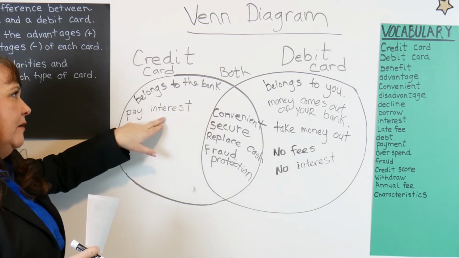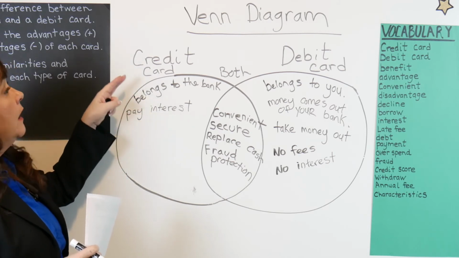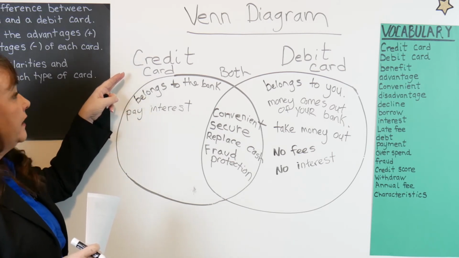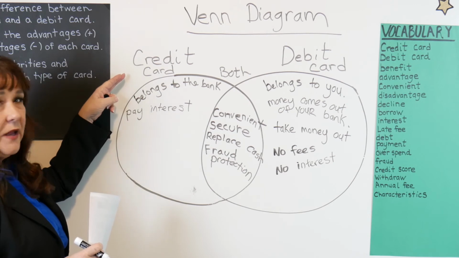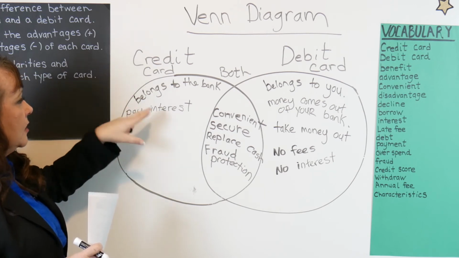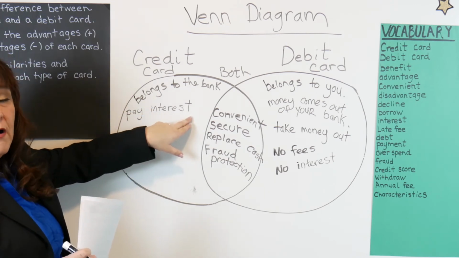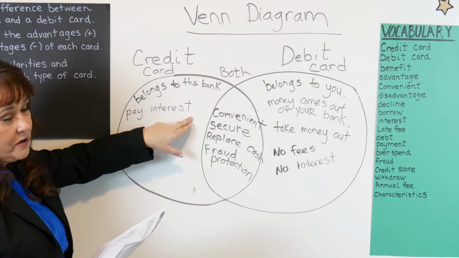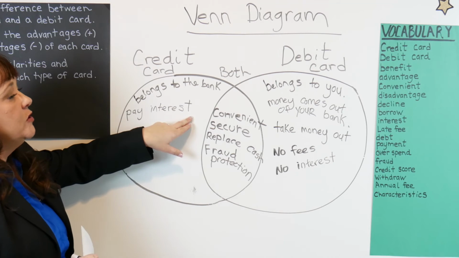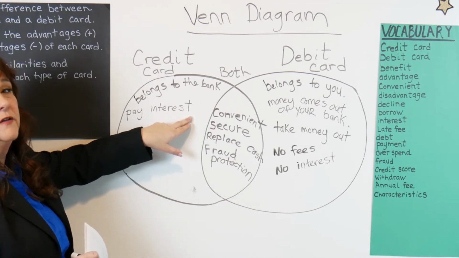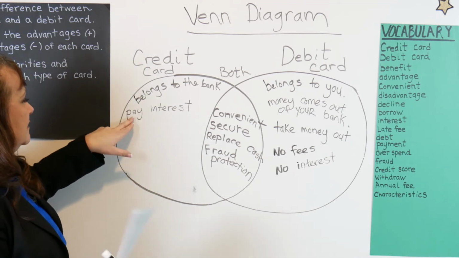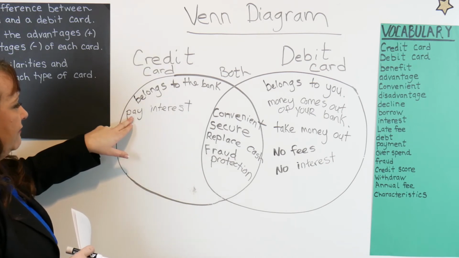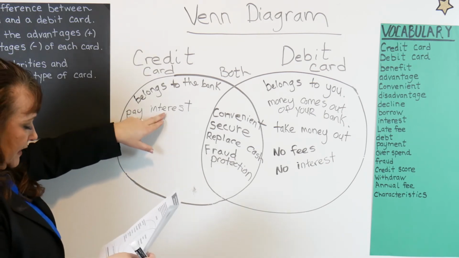So for example, if you put $100 on the credit card and you don't pay the credit card back, you might have to pay $20 in interest. You spent $100, but now you owe $120. That is because on a credit card you have to pay interest.